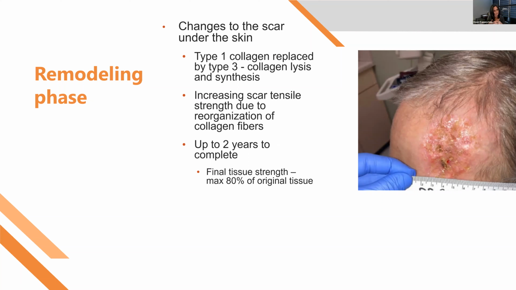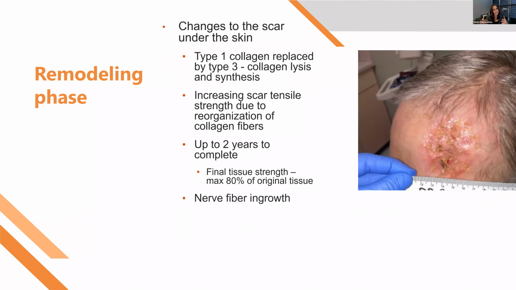It's very, very weak in how those collagen fibers are organized to be able to maintain that tensile strength. And so it takes up to 2 years to maximize at 80%. And so that area needs to be protected and watched. And especially, let's just say somebody with a diabetic foot ulcer that's walking on it, how do we protect that newly closed area so that you don't re-injure and re-ulcerate?